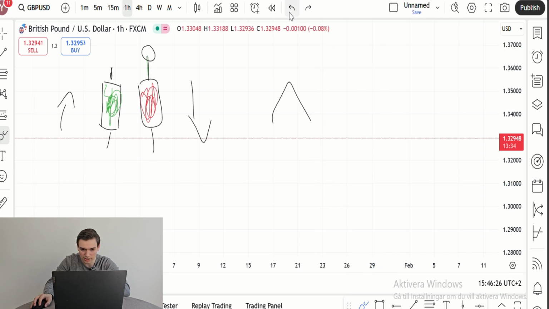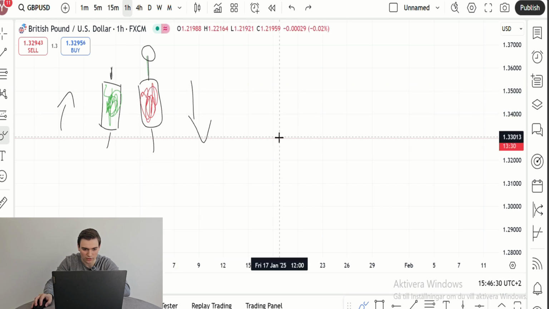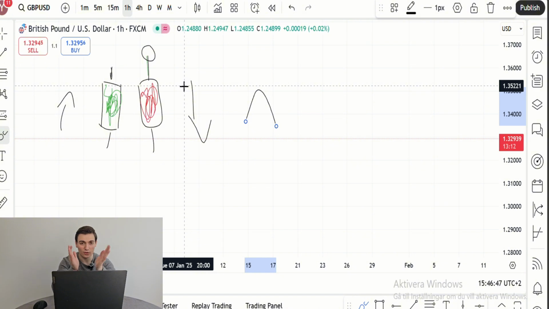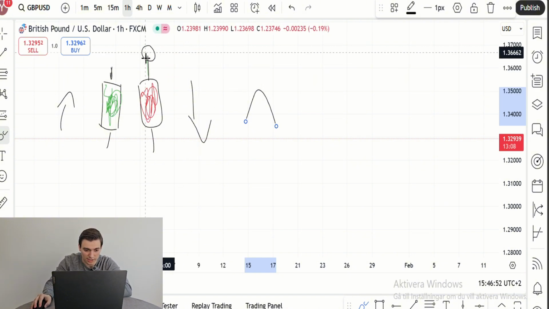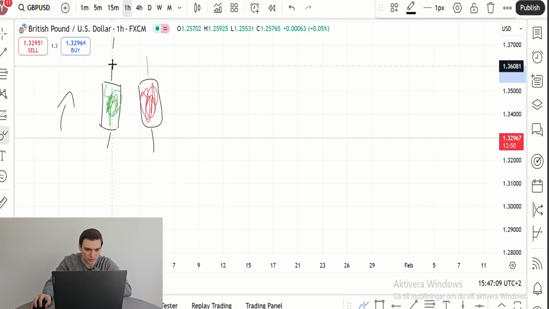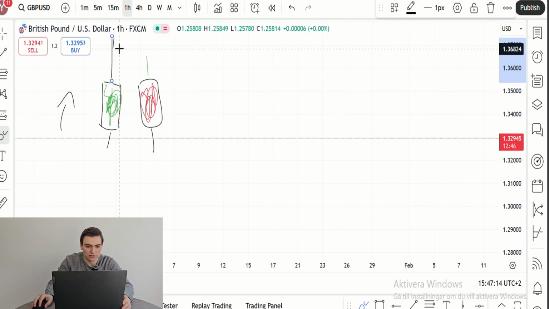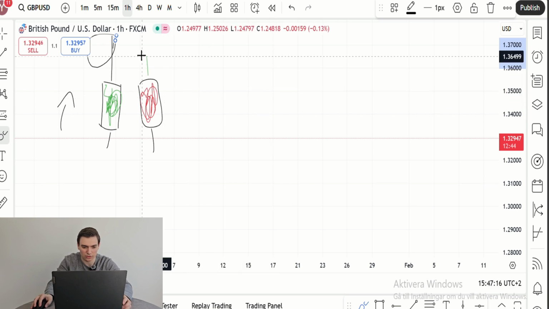So in the case of a move up and a move down, green candle, red candle, we take the wick that is longer on the upside, which in this case is here. Imagine that this wick right here would have been longer. In this case, this would have been the high and not this one.